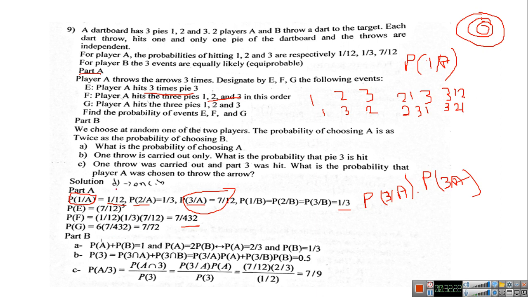Okay. Part B, we choose at random one of the two players. The probability of choosing A is twice the probability of choosing B. So what did they say?